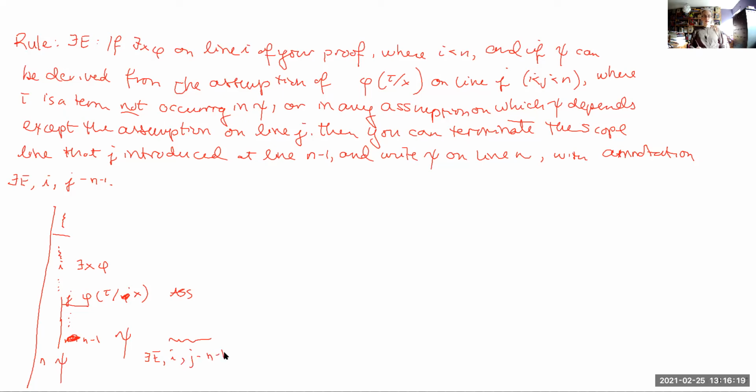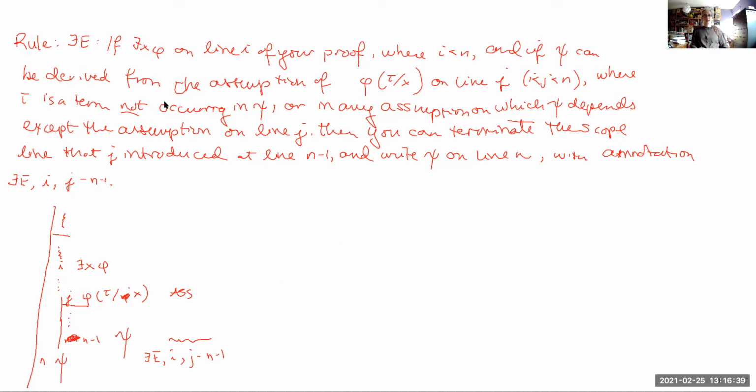So this is somewhat more complicated than the other rules, but it's not any more complicated than universal introduction. It's got the same sort of check that you're not doing something illicit with your constants requirements.